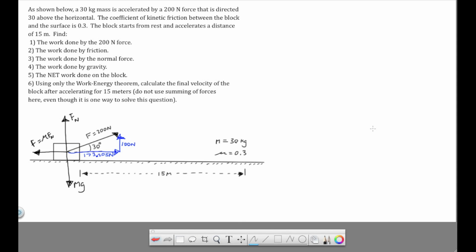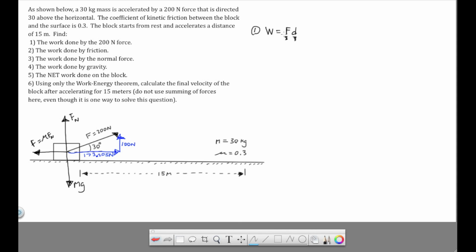So the first question is, find the work done by the 200 Newton force. Our equation for work is simply force multiplied by distance. The thing you have to know about this equation is that the force and the distance must be parallel to one another.